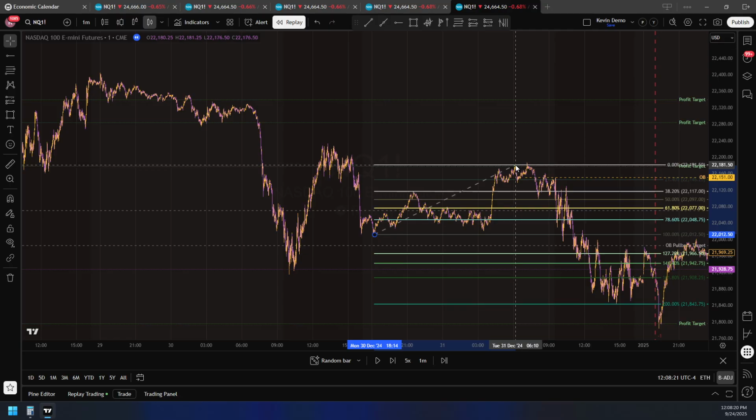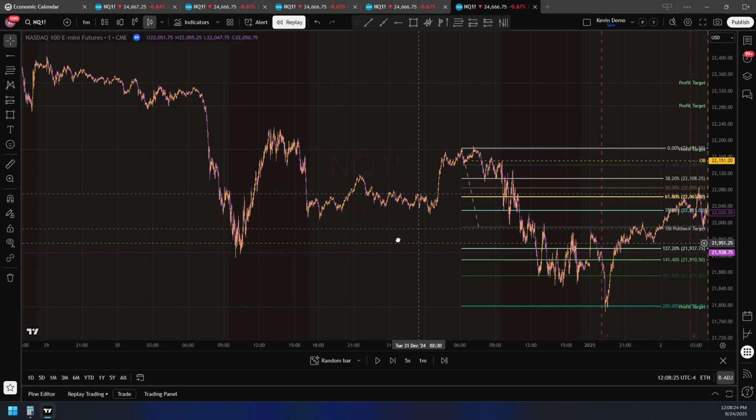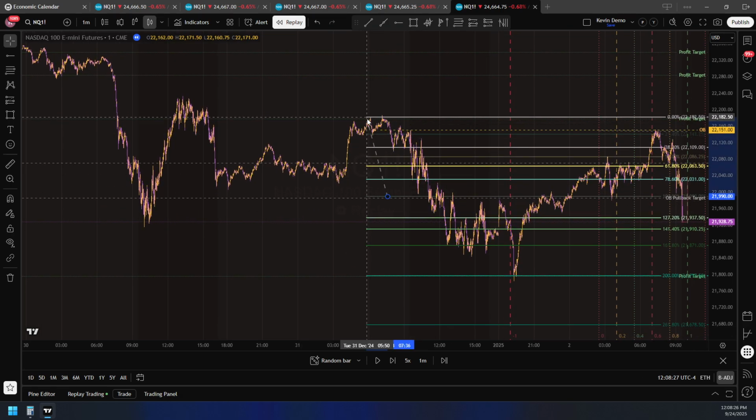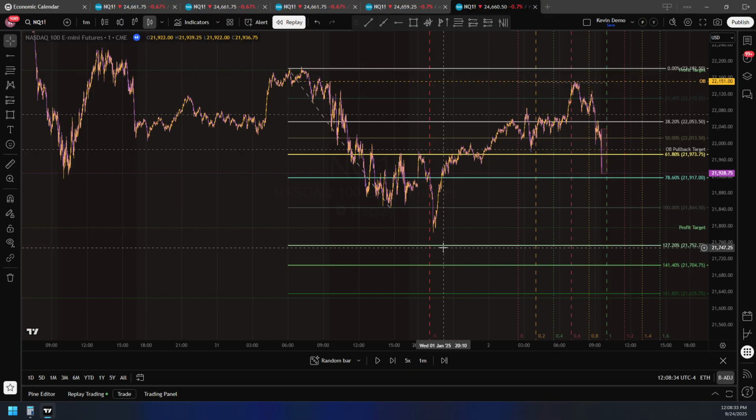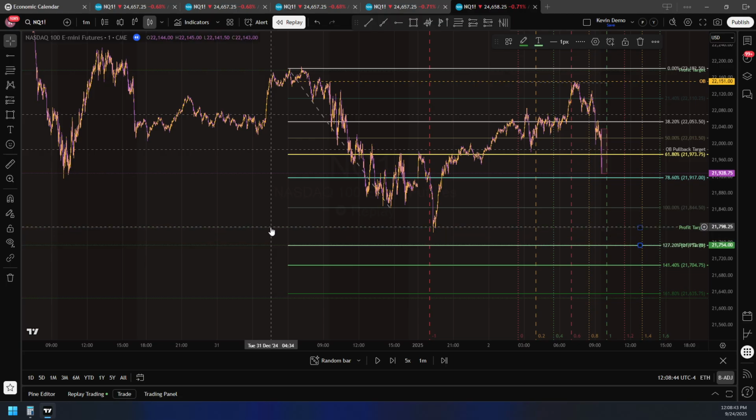And then from the swing high of the cash, well, let's do from the overall. From the swing high to the swing low, we get a profit target down here. We haven't hit it yet, which means today might be the day that we hit it. So let's put that there, and this here.